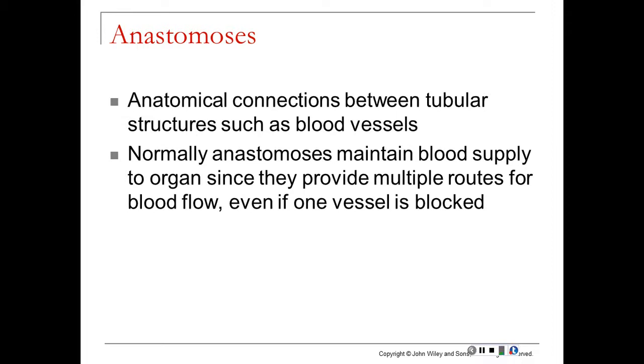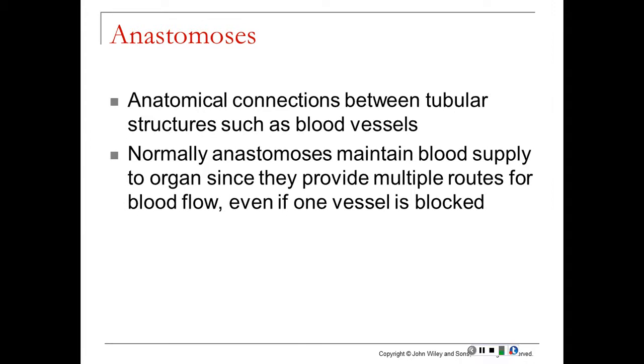And so, in this case, an example would be something called the circle of Willis. The circle of Willis is an anastomosis that feeds your brain. In other words, there are two major arteries that feed your brain, and they're connected by what's called an anastomosis of the circle of Willis.